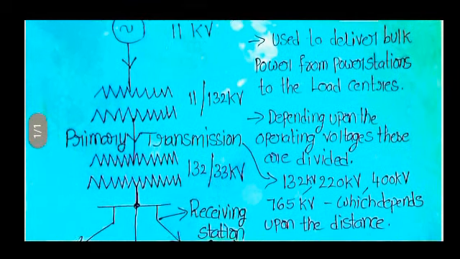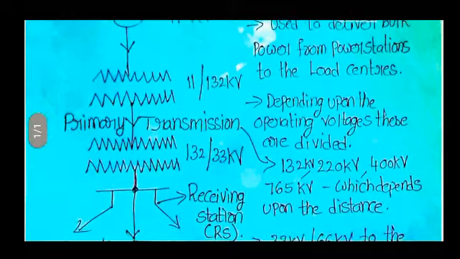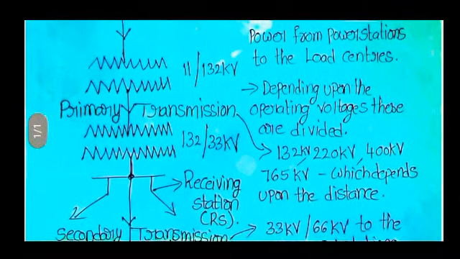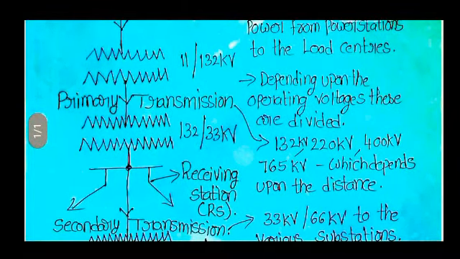So coming to the secondary transmission lines. If we discuss the secondary transmission lines, the primary transmission line ends at the receiving station, which is usually located at the outskirts of the city.